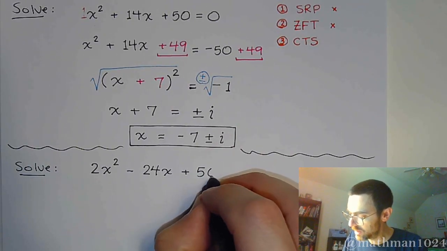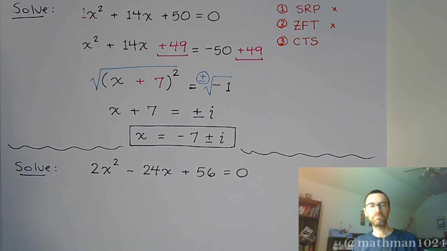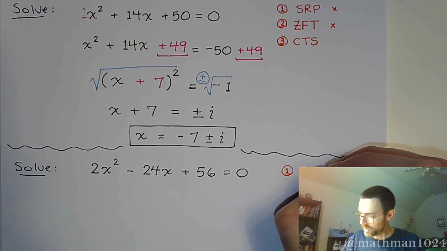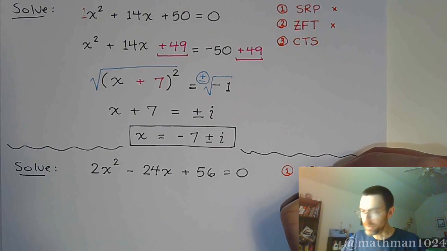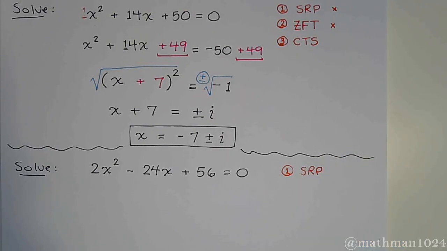Plus 56 equals 0. Okay? All right, so if we go through our progression, can we use the square root property at the very beginning here? Oh. The answer is no.